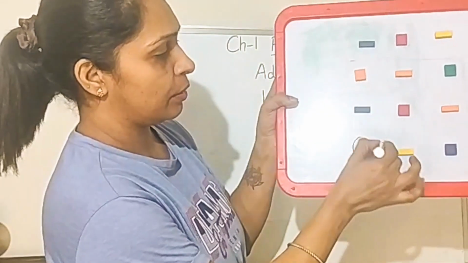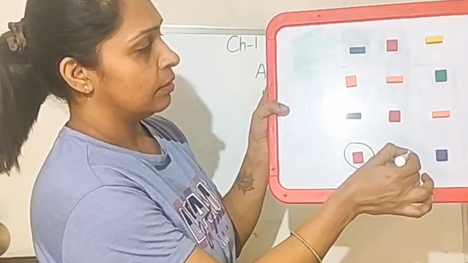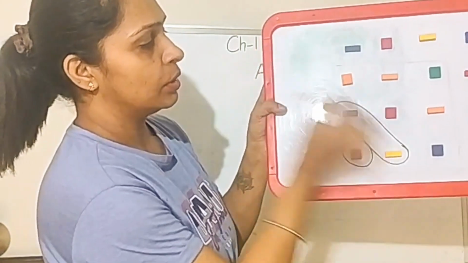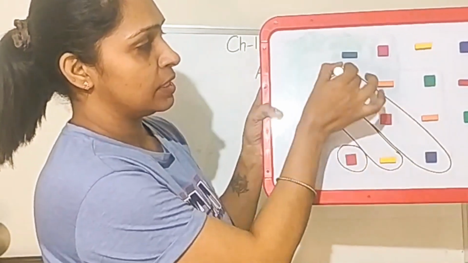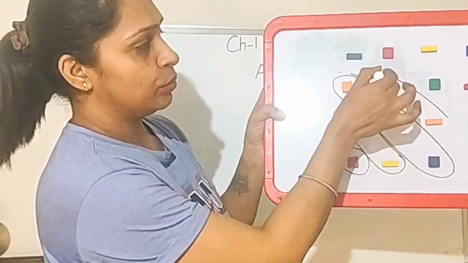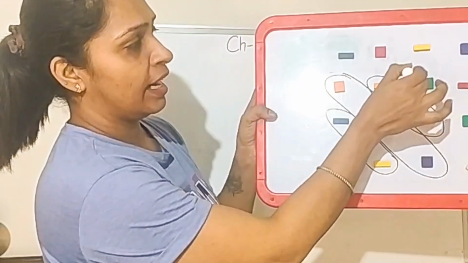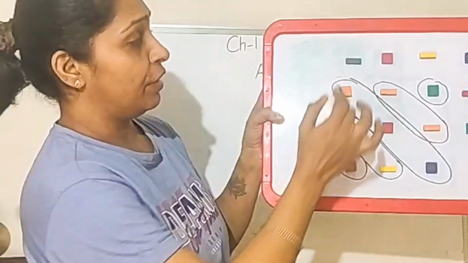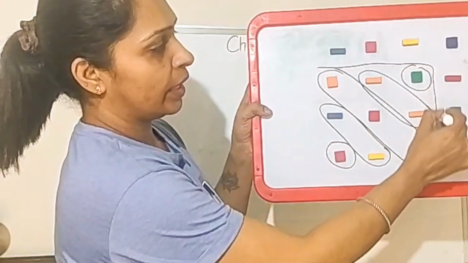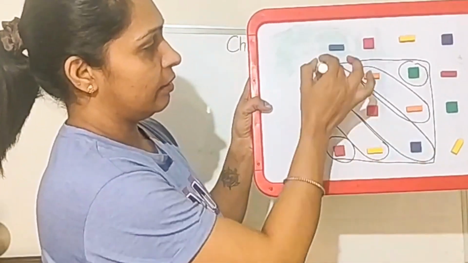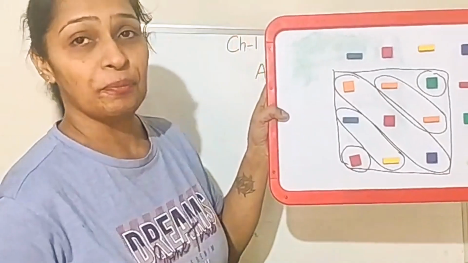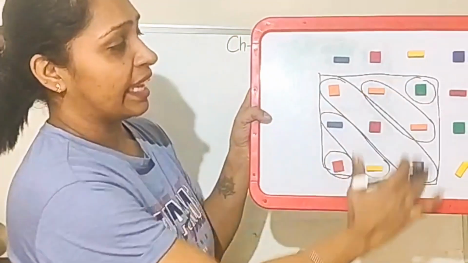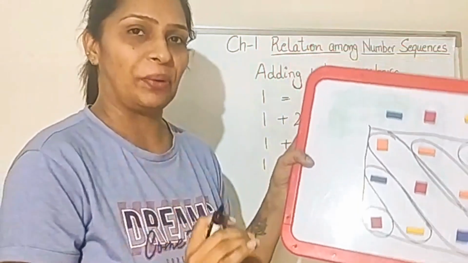We have to take 1, then 2, then 3. We have to take up the 3 numbers. Then again we have to take 2 and we have to take 1. And when you club all together, we get a square number. You can see a pattern here. So how we are arranging, again we are going to get a square number.